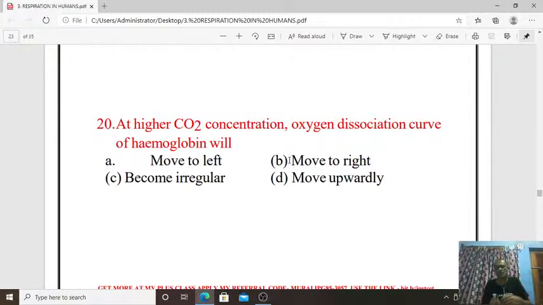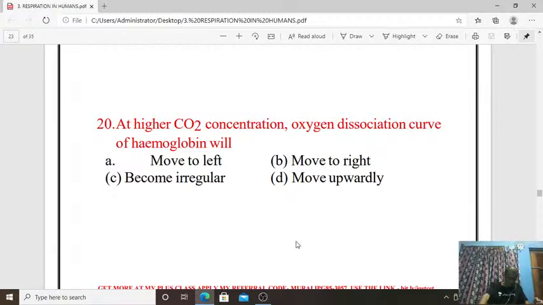If you take percentage saturation of hemoglobin with oxygen on the y-axis and partial pressure of oxygen on the x-axis, at the highest carbon dioxide concentration present in the body fluid, the oxygen dissociation curve of the hemoglobin will move towards the right. In the case of an emergency, or if the person is in a room deprived of oxygen, carbon dioxide concentration is very high, then this kind of thing happens. Okay.